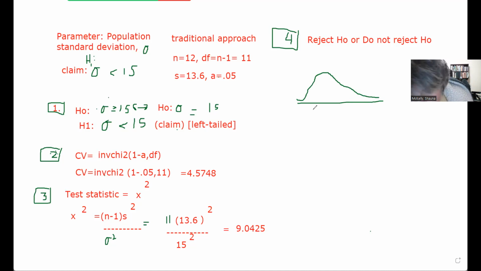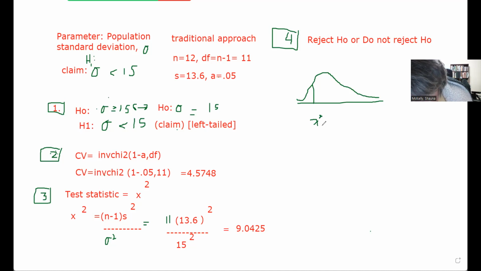This is a left tail, so I'm going to put my chi-squared critical value there.